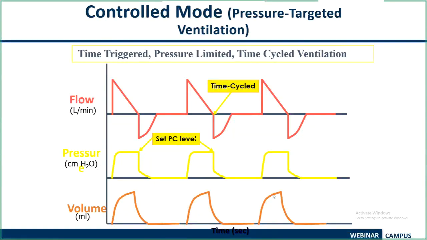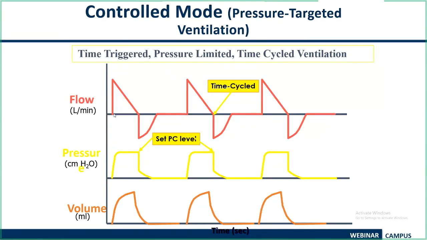They should see that the volume delivered is constant and not decreasing. If it is decreasing, they have to increase the pressure control levels. Otherwise, the patient will go for hypoventilation. This is about pressure control mode. So I think you have understood the concept of what is volume control breath, what is pressure control breath, and what is a control mode.